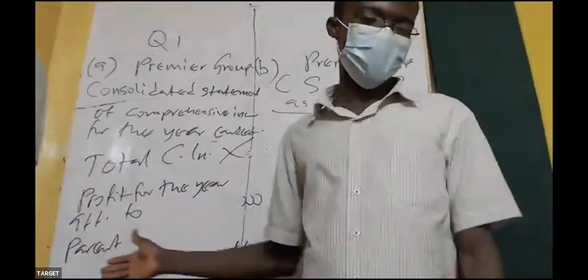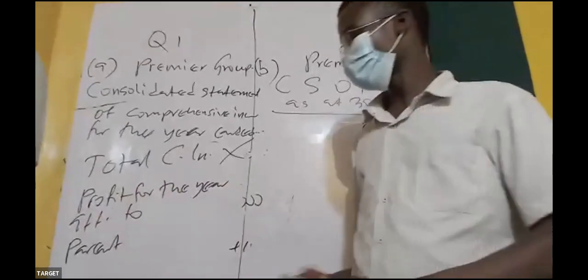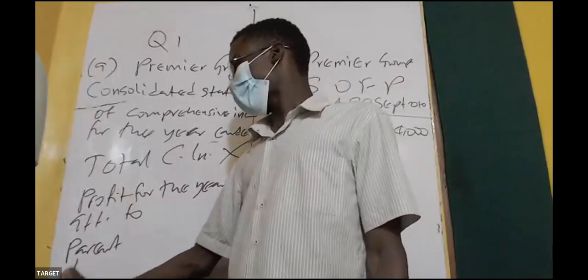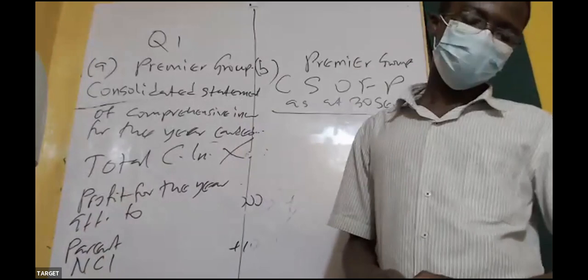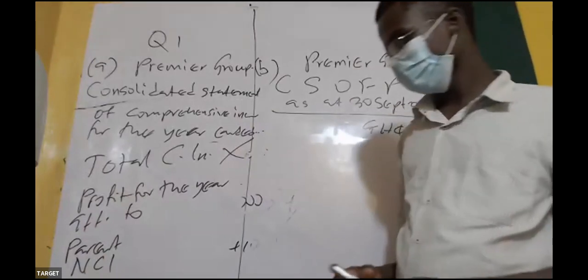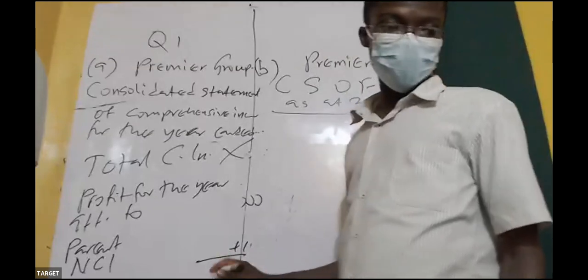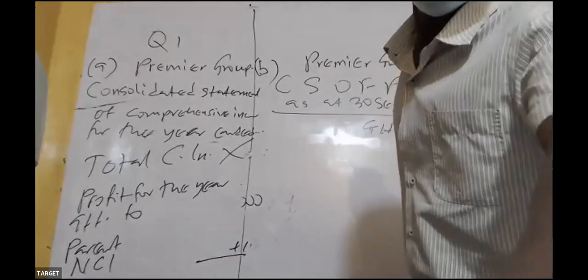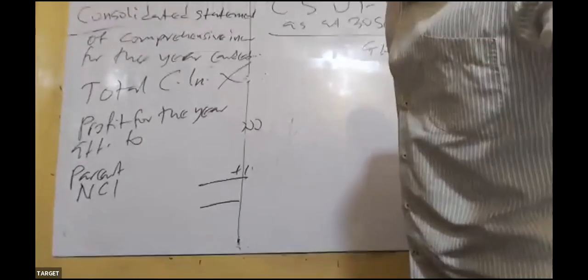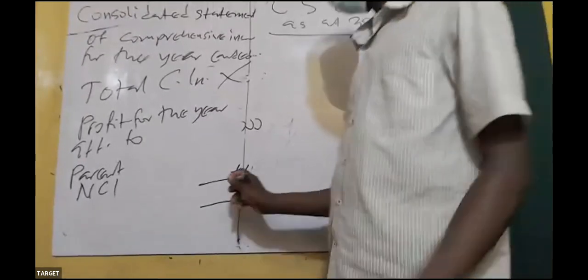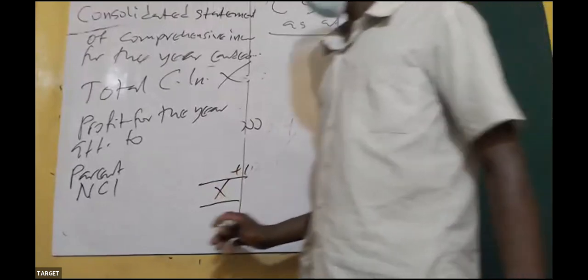Either I write parent or Premium, any of them, you are free to go. Then right here, NCI. Then underline it. There will be a figure there, don't write anything there for now.